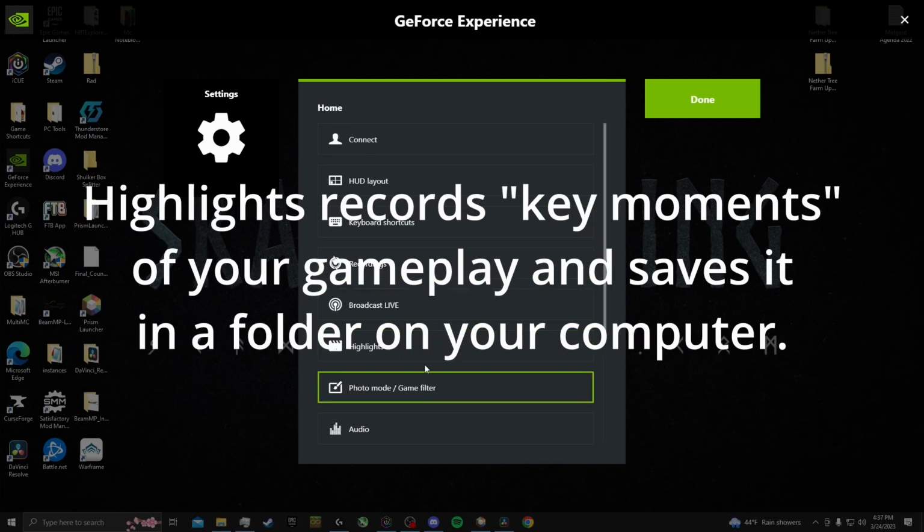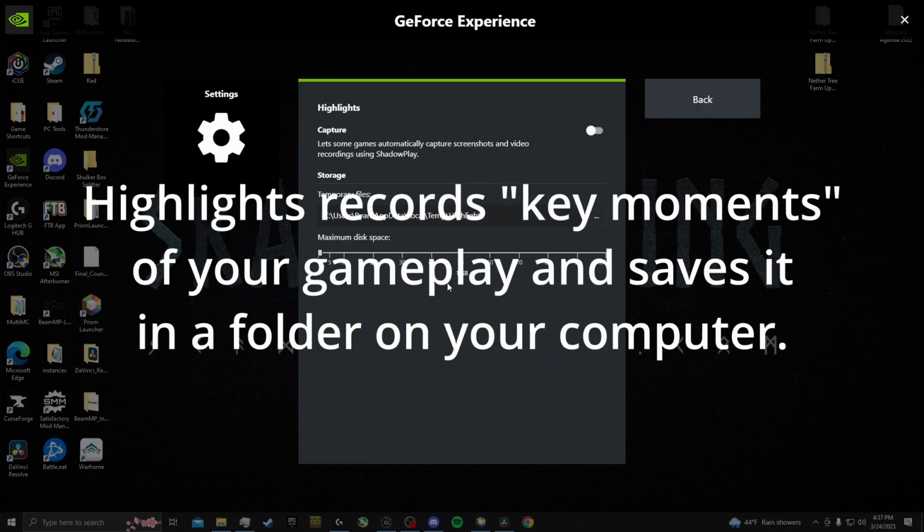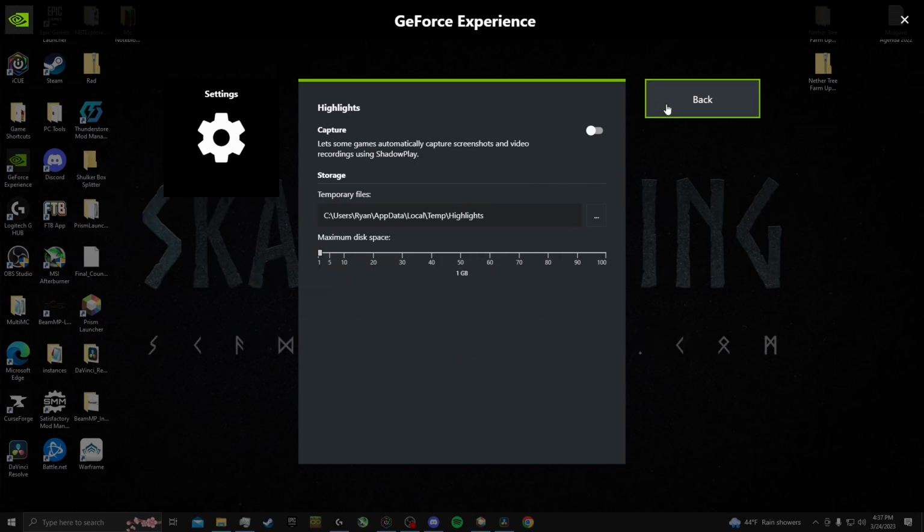I both turned this off and limited the disk space it can use, but the problem persisted.